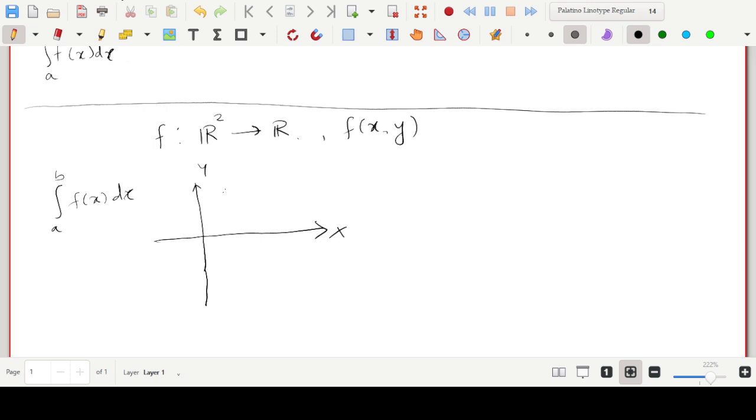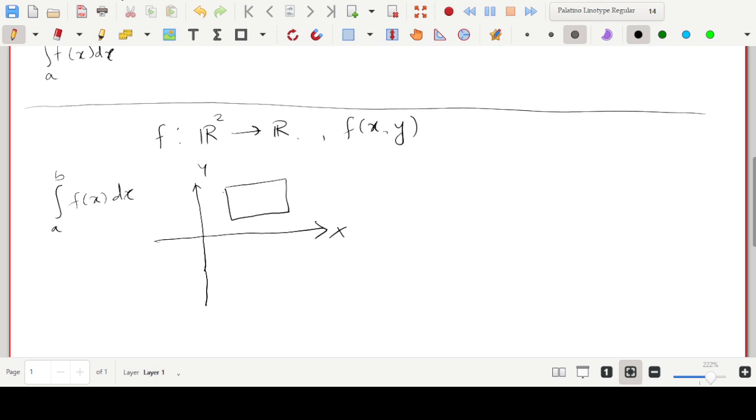So now our domain, instead of being an interval, will be a rectangle. In fact, it need not even be a rectangle, it may be any closed shape. For example, it may even be a circle, but let us begin with the simplest case, that of a rectangle, because a rectangle can be written as an interval cross interval.